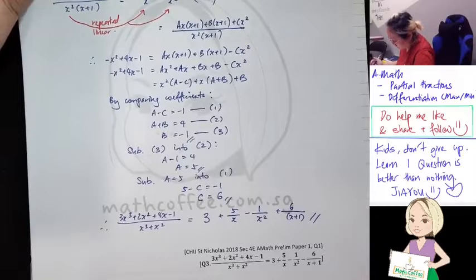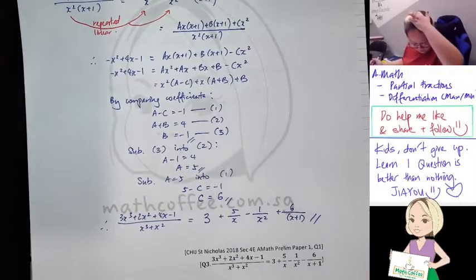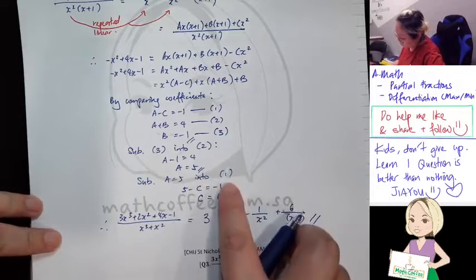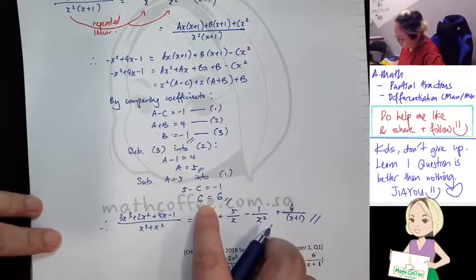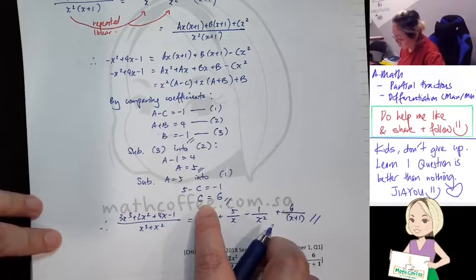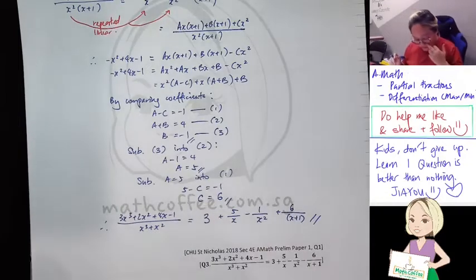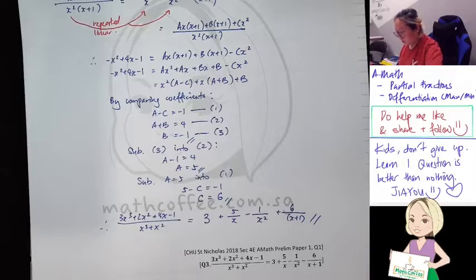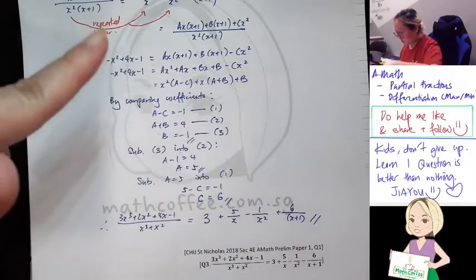Wait. Sorry, this one's supposed to be negative. Did I make a mistake? I think I did. Give me a moment. My c should be -6. Did I make a mistake somewhere? Anyone who spots the mistake can let me know.